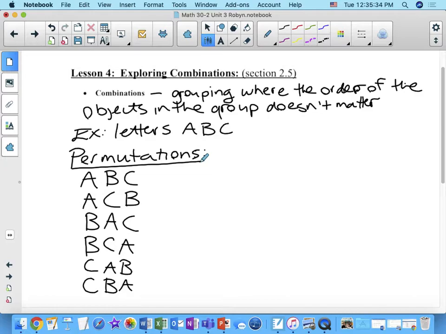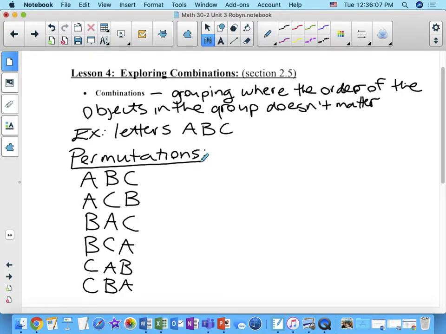How many groups could you make that have those 3 letters in them? There'd be 6 different groups. What do you think? Yep. Does it have to be ordered? What do you guys think? If you're just making a group, let's say I made you into a group for a group project. Does it matter whose name comes first on the group project? No.